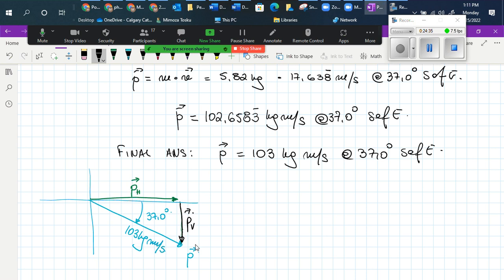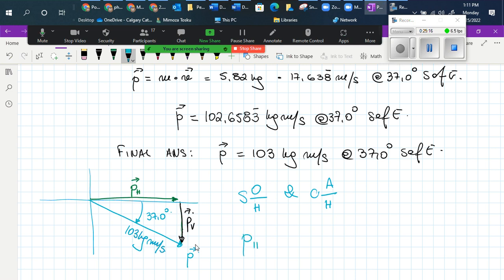And then using sine and cosine, sine being opposite over hypotenuse and cosine being adjacent over hypotenuse, we'll find the horizontal and vertical components of this vector. Because even though this is a new concept, momentum, something that you haven't seen before, still it is a vector, and we will use the same concepts as we have used for any vector prior to this.